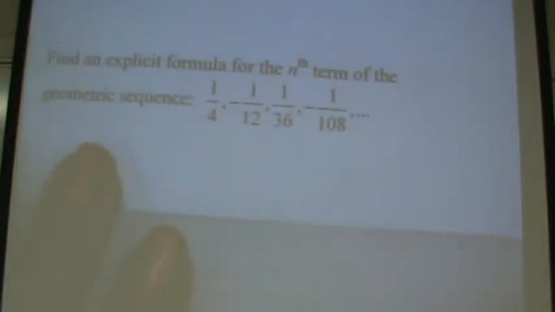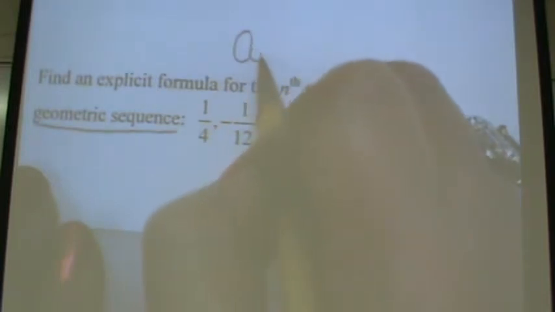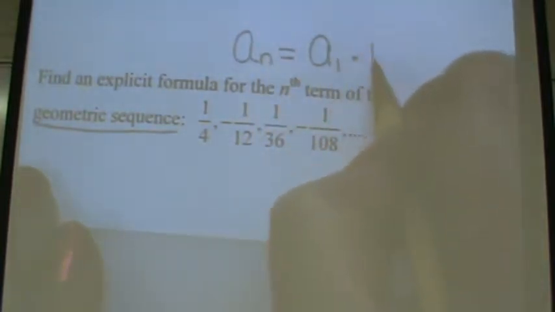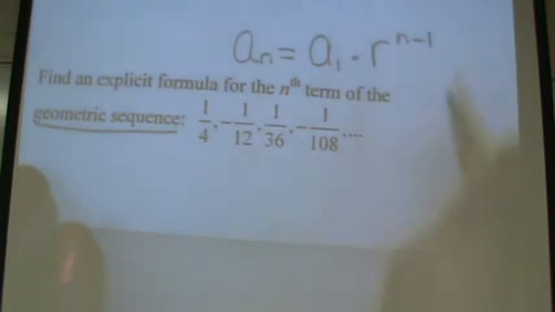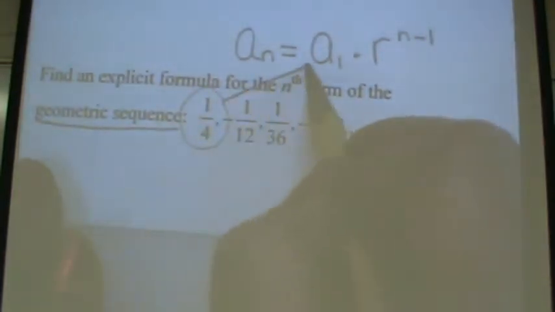Number 15. Now we're talking about geometric sequences. Do you remember this formula? It looks like this. A sub n is the first term times the ratio to the n minus 1 power. So we need the first term, which is a no-brainer, it's 1/4.